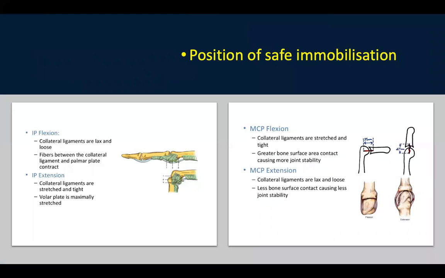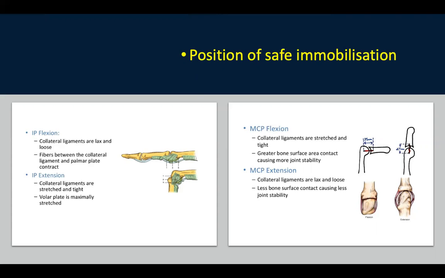While keeping the IP in extension, the collateral ligaments are stretched and tight, and the volar plate is maximally stretched when compared to the IP in flexion. In flexion, the collateral ligaments are lax and loose. Fibers between the collateral ligament and palmar plate contract. When the MCP joint is kept in flexion, the collateral ligaments are stretched and tight, with greater bone surface area contact causing more joint stability.